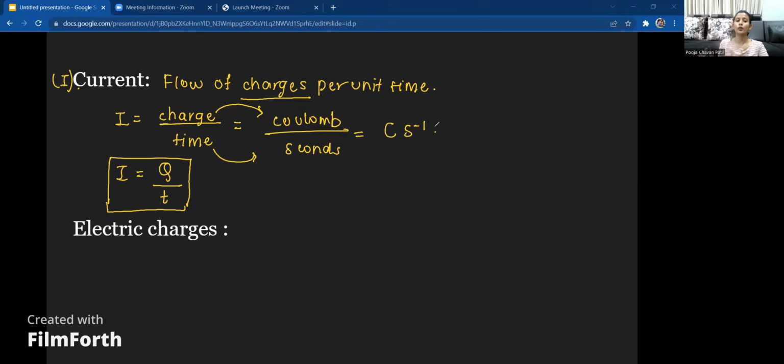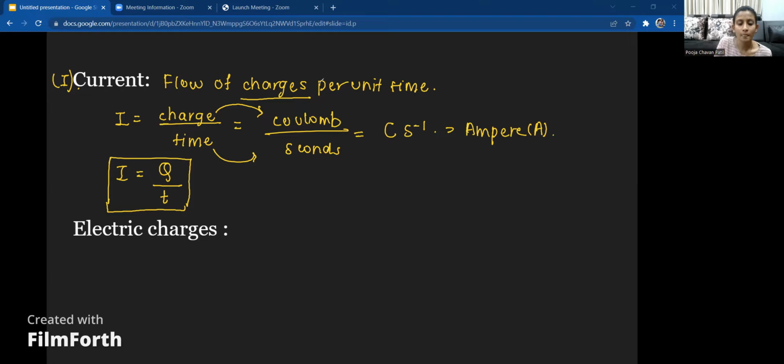This is one unit of current, but the standard unit of current is ampere, denoted with the letter capital A. So current is nothing but flow of charges per unit time. The formula is Q upon T. SI unit is ampere.